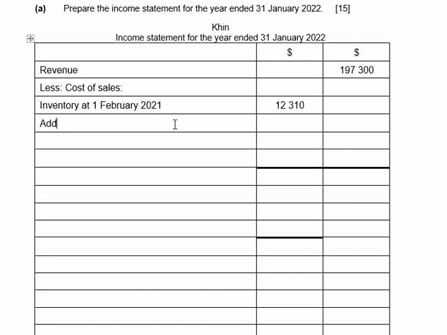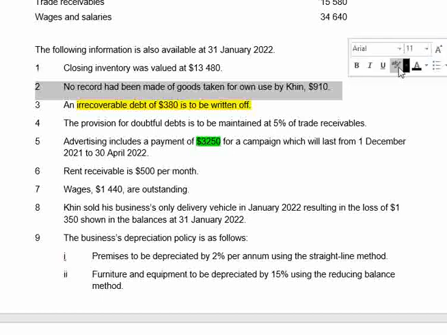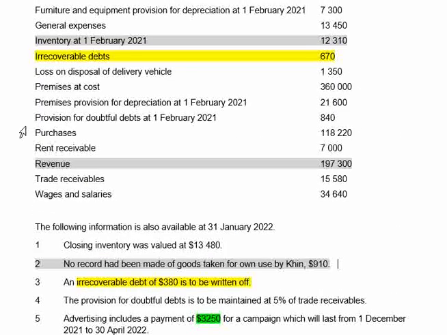Okay, if we follow the format, then you have to add purchases here. But for purchases, you have to make a working. Why? Because if you can see in additional information 2, you see that no record has been made of goods taken for own use by him, that is of $910. So what you will do, you will pick the purchases amount here.